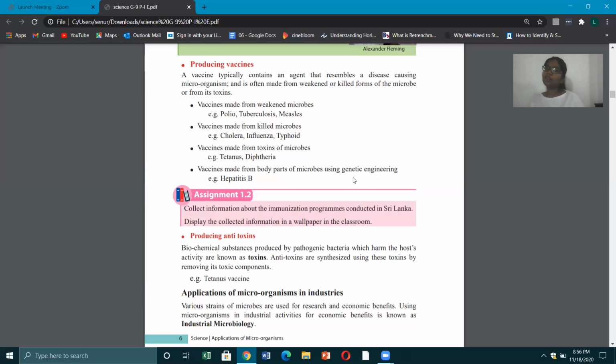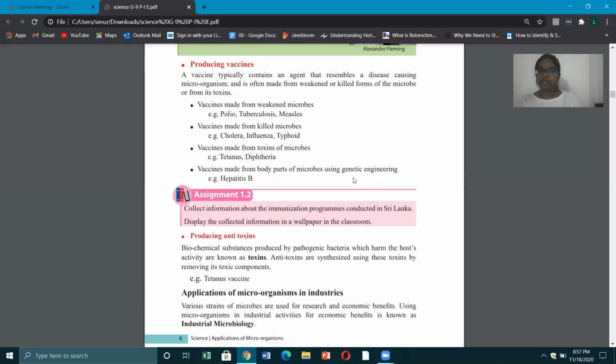The other thing is toxins of microbes. They are made from the chemicals that microorganisms have, from toxins. Tetanus and diphtheria are like that. Another thing is vaccines made from body parts of microbes using genetic engineering.